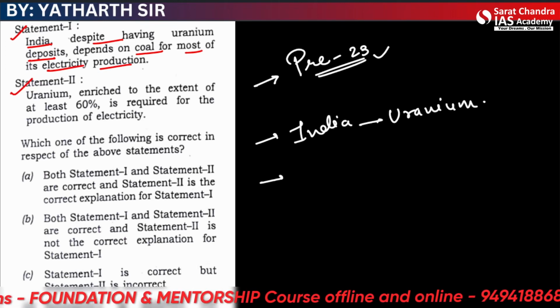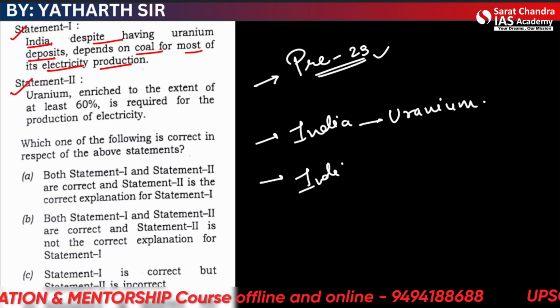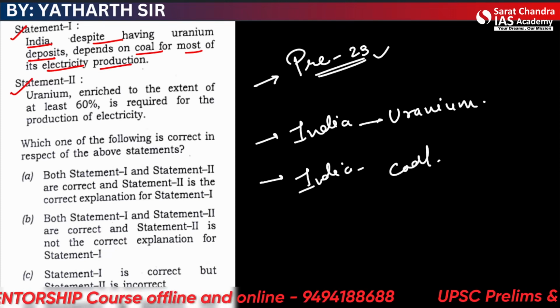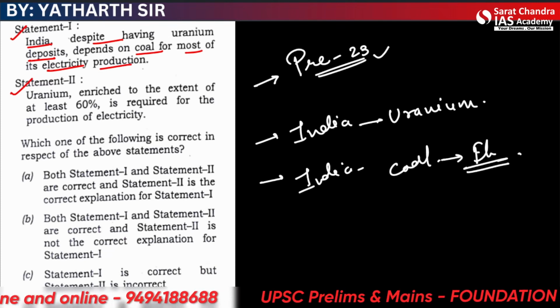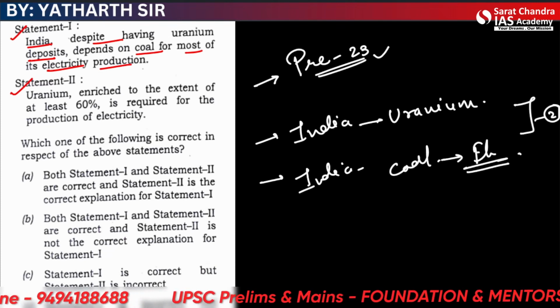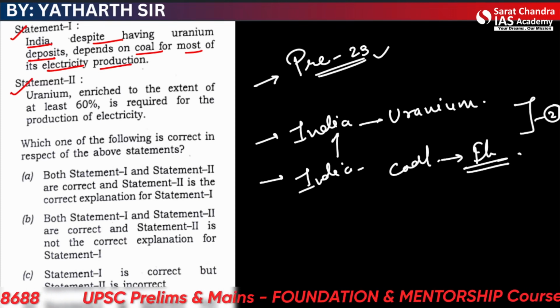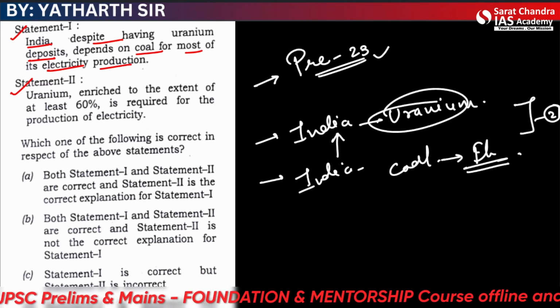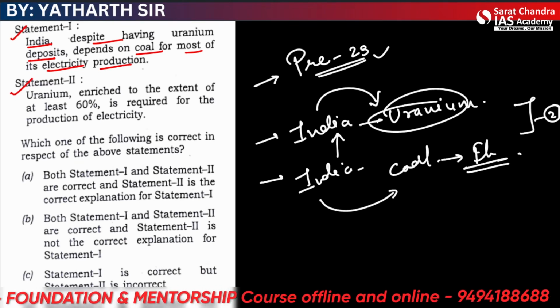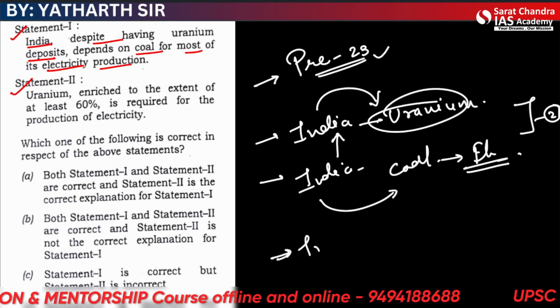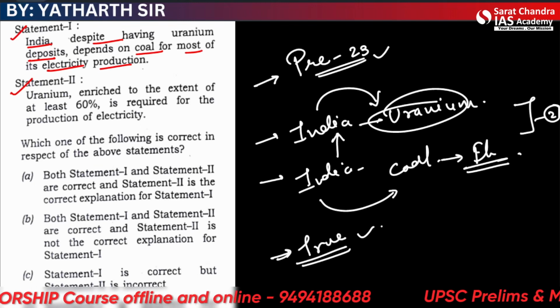Second thing, it says that India depends on coal for most of its electricity production. And this statement is regardless of the first thing. That means despite having this, India still depends on this. So is this true or not? So this is the first thing.